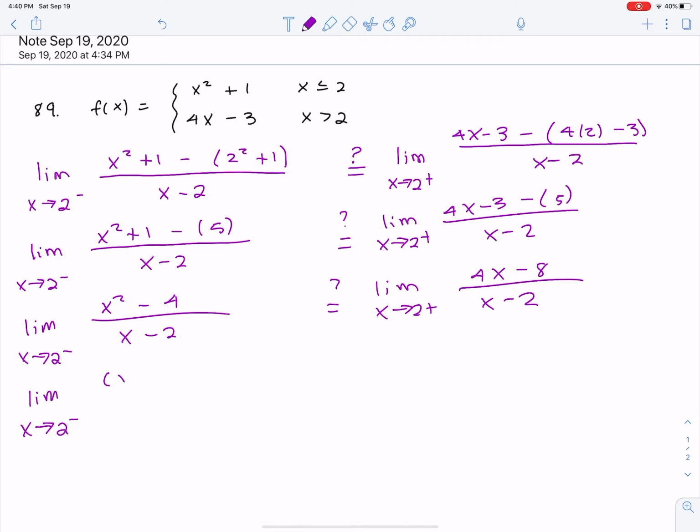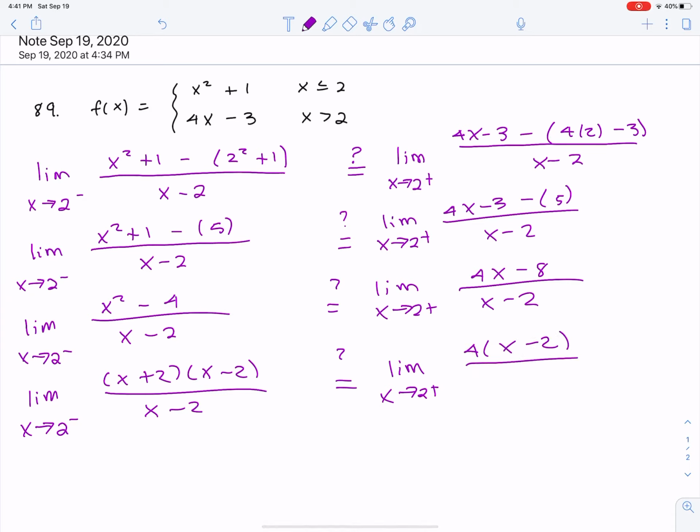Here I get x plus 2 times x minus 2, over x minus 2. Is that equal to the limit as x approaches 2 from the right? I'm going to pull out a 4 there, so I get 4 times x minus 2. Oh, look at that, how convenient.